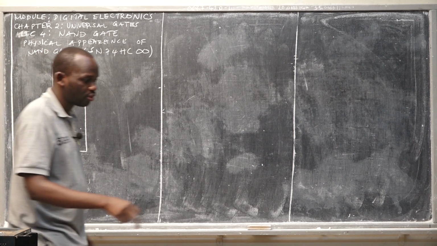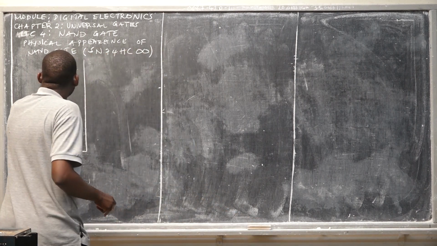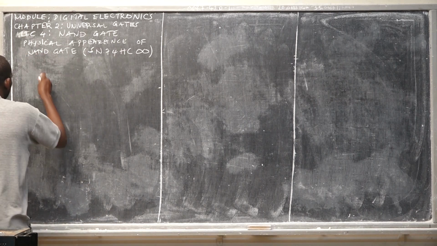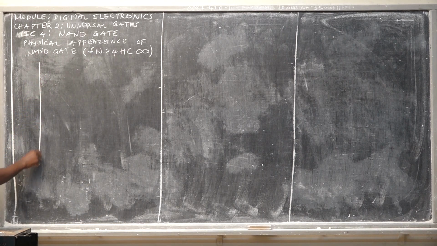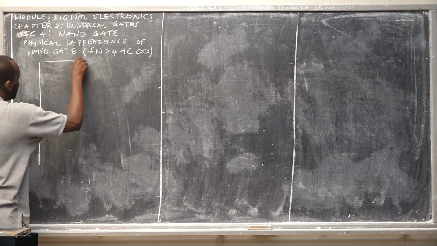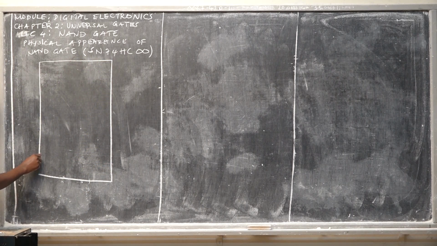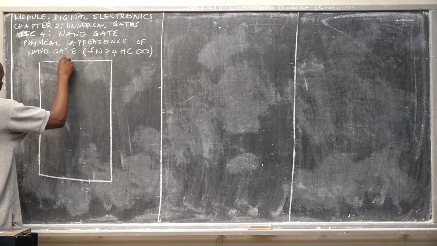So let me just draw the large integrated circuit. Let us start with the physical appearance of the NAND gate, and then we'll end with the schematic circuit diagram of the NAND gate.